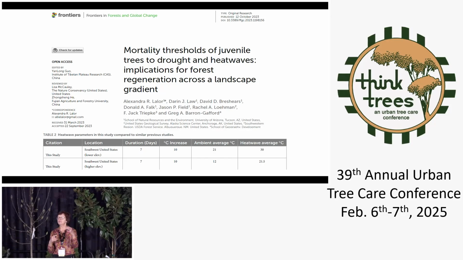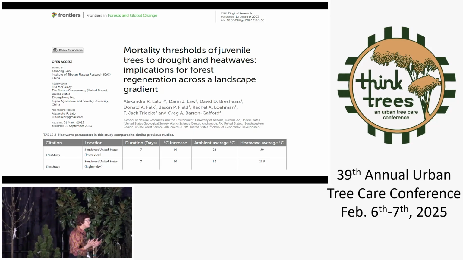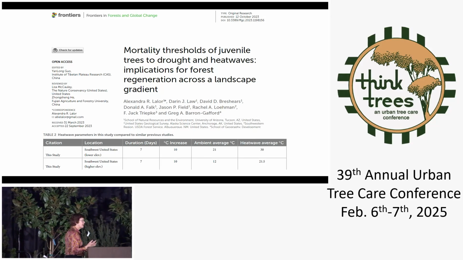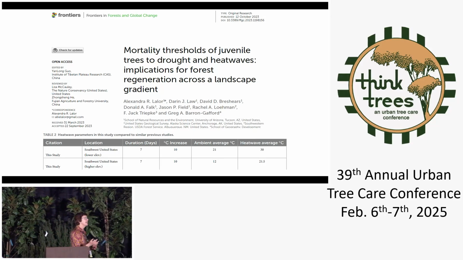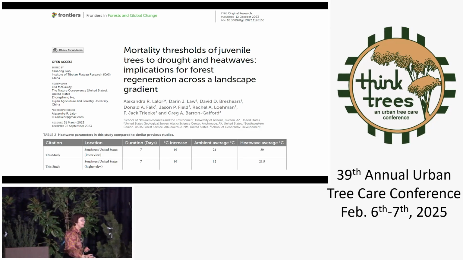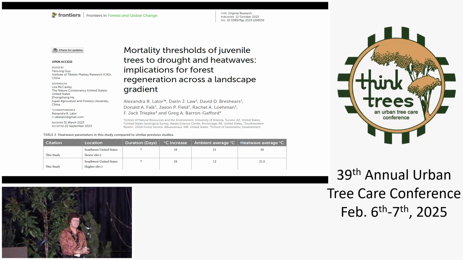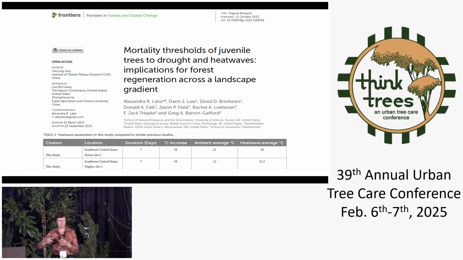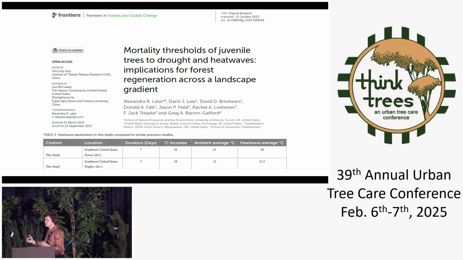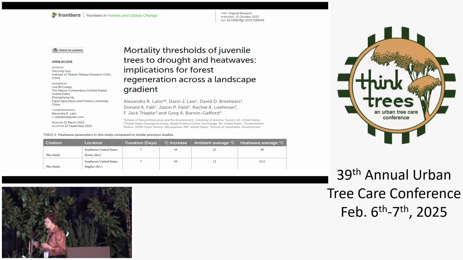For the high elevation species, the temperatures were a little bit less. This was based on all the research that has been done on what the climate is like. So they were trying to model essentially how young trees that are planted out into the forest could handle drought and then handle additional heat. They also subjected them to X number of days above a certain threshold.